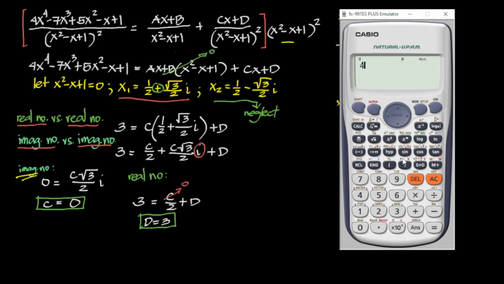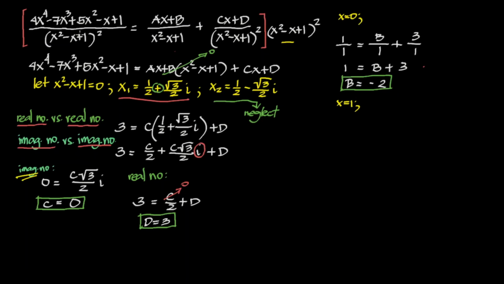So, 4x raised to the power of 4 minus 7x cubed plus 5x squared minus x plus 1. So press calc, then set the value of x to 1. So ang sagot is 2. So kapag na-replace ito by x is equal to 1, ang sagot is 2.